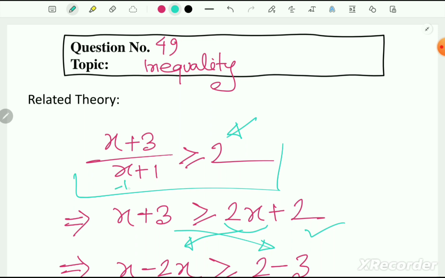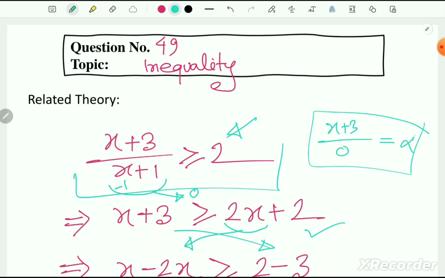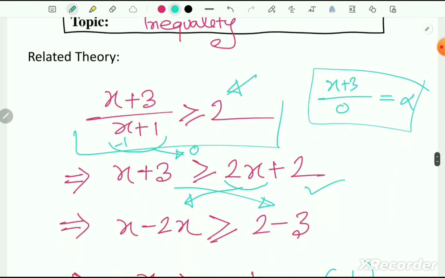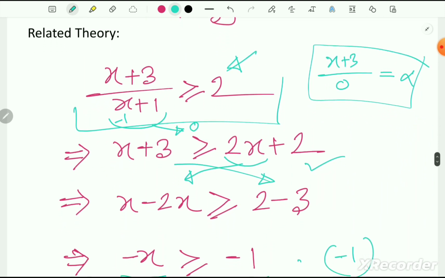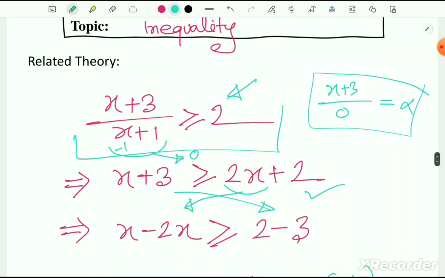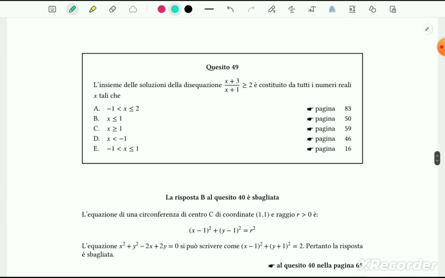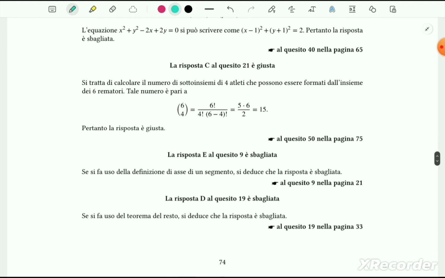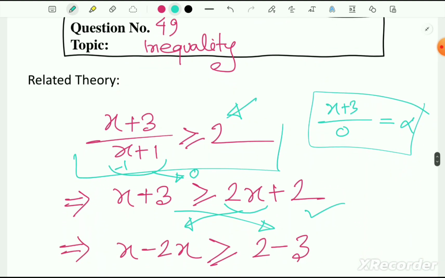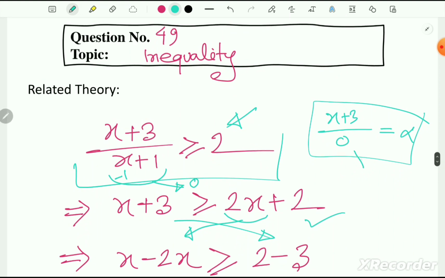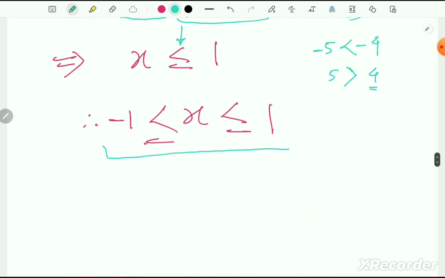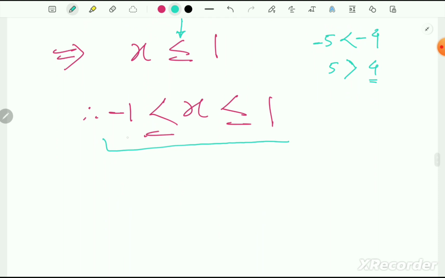If it becomes -1, then this denominator gives us a value of 0. So if it is 0, something divided by 0 is actually infinity. Therefore we can't include this value, so x cannot be -1.